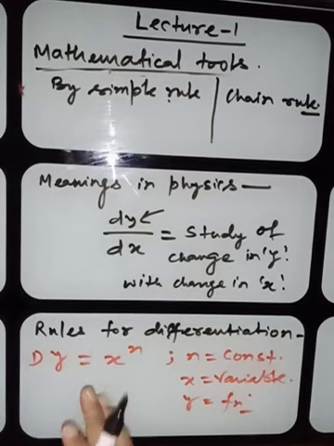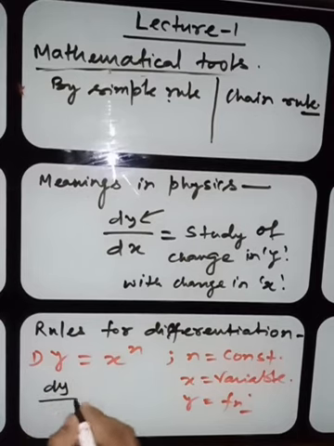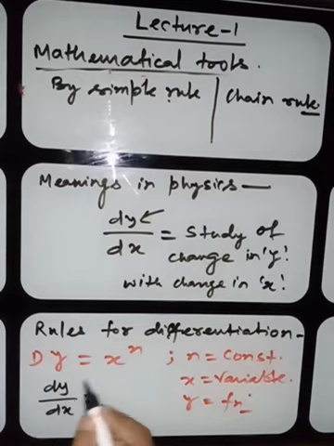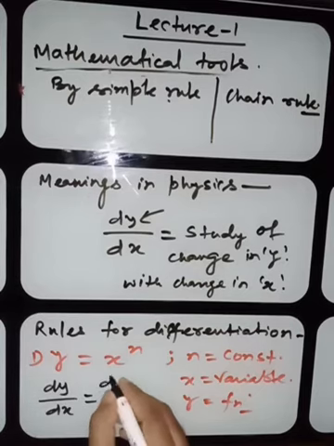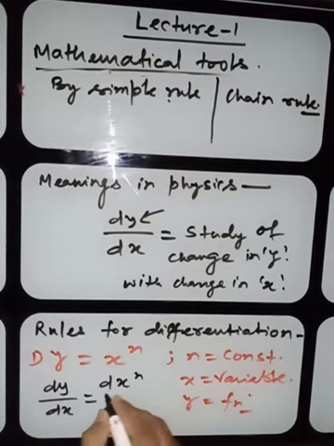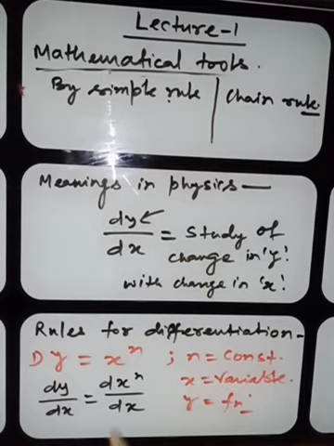Simply, if you have to find dy by dx, in place of y what will you write? x to the power n. So d x to the power n by dx. Now if any function comes in this way, what will be the answer?